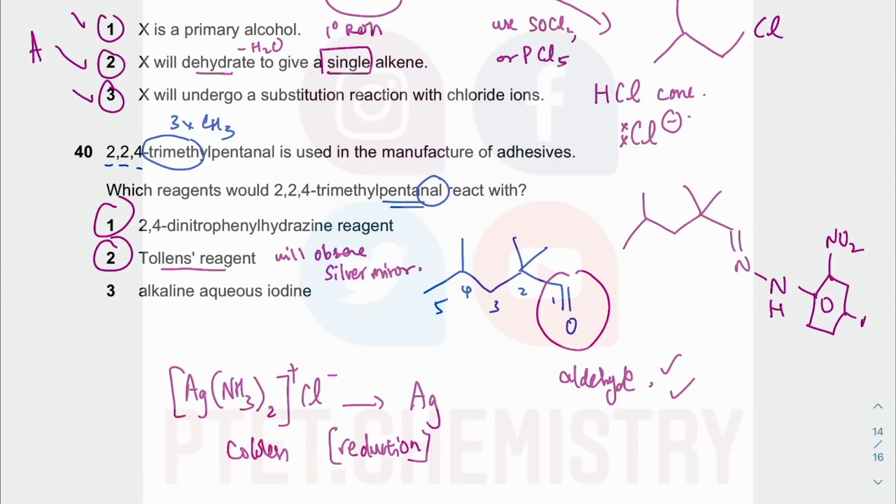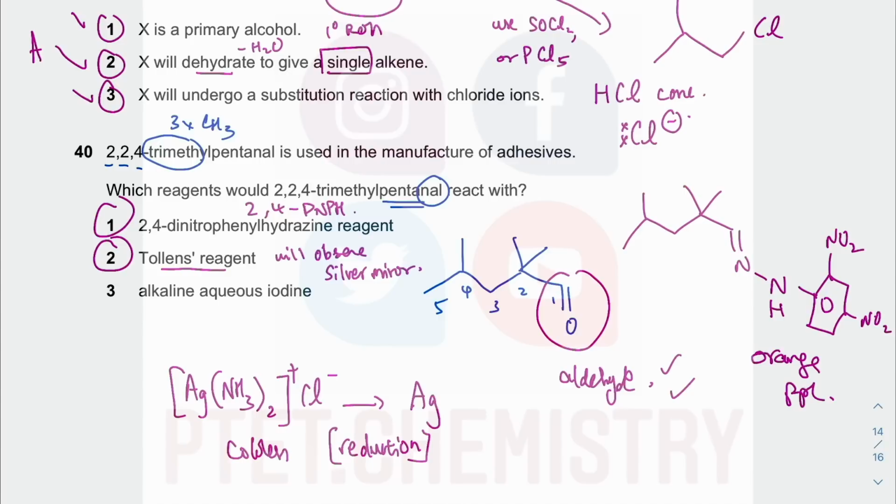I can draw this easily, but again you should be able to, because this is part of your AS syllabus. This is an orange precipitate. This happens at room temperature with 2,4-DNPH to give you this orange colored, crystalline precipitate. This is a condensation reaction. You lose the oxygen, you lose the 2 hydrogens on the hydrazine.